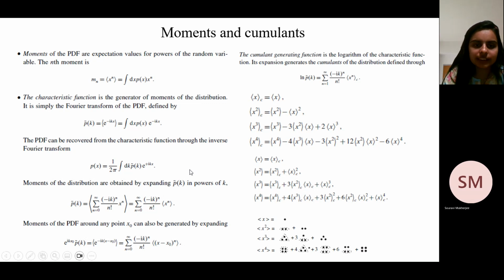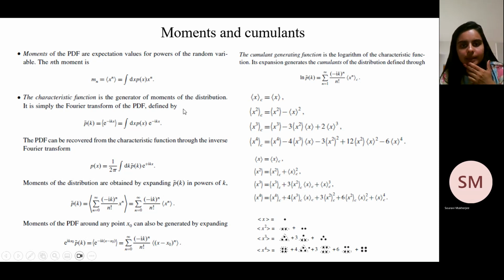And what you can then do is, if you take a logarithm of the characteristic function, you get a cumulant generating function. And cumulants are important because they are a very good way of describing your distribution. Like the first cumulant gives you the mean, while the second cumulant gives you the variance. Similarly, you can get the skewness or the kurtosis of the distribution from the cumulants.